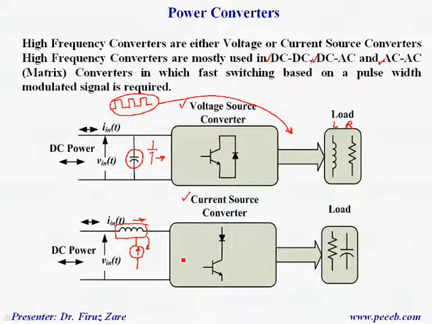So this inverter looks at the source as a current source, and by turning the switches in the converter on and off we can chop the input current and provide a pulse pattern at the output of the converter, suitable for resistive and capacitive loads.